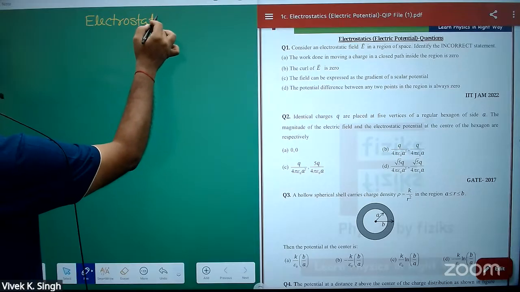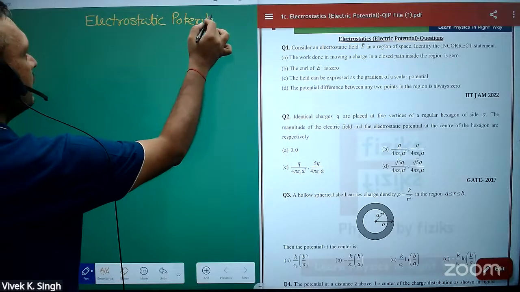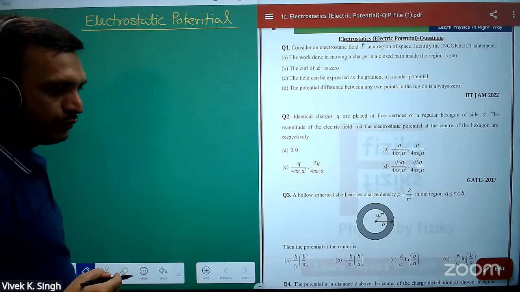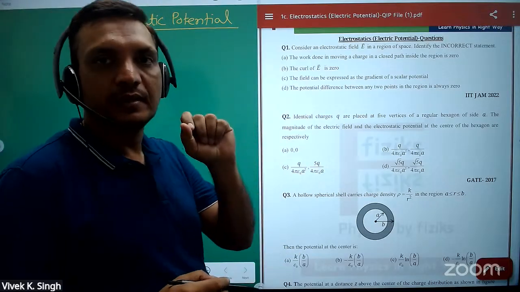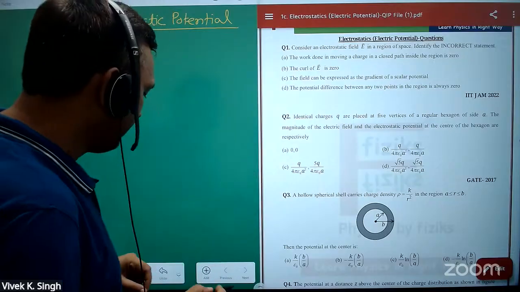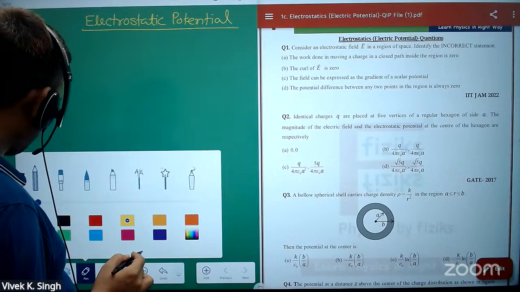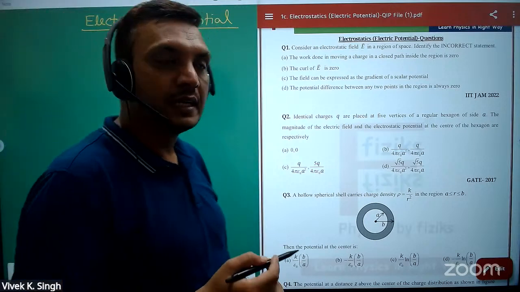Electrostatic potential. I will give you a summary of this topic, whatever be the important results and formulas that you have to remember. So you should remember it. You know that the electrostatic field is conservative in nature.